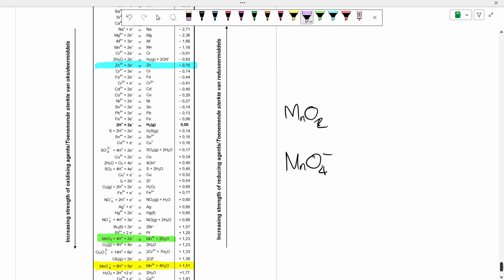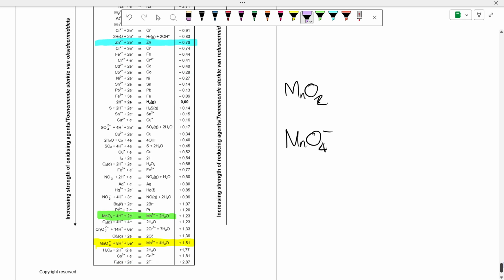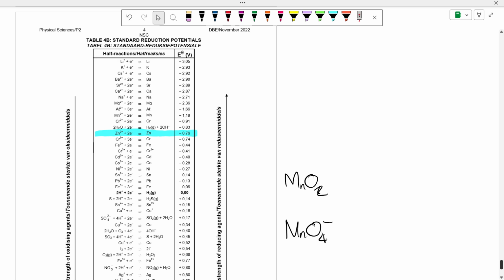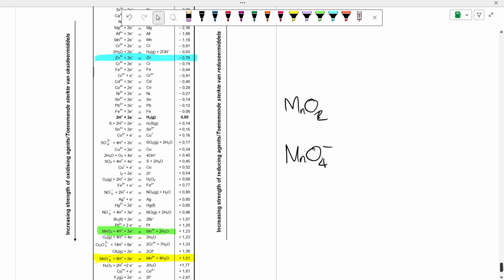Let me go down. I can't see anything. Oh, so there's only one for zinc. For most elements there are two or three, like copper for instance, and you would check which one is correct. I hope we get a question like that so that I don't over-explain things.